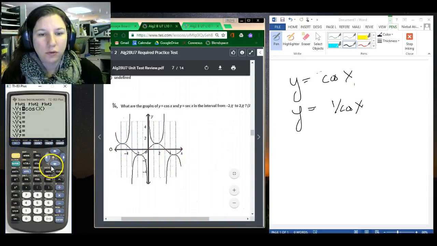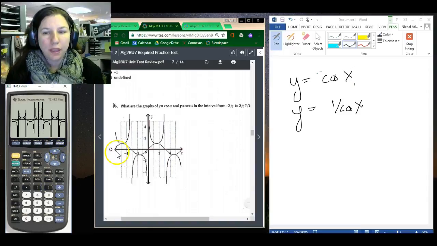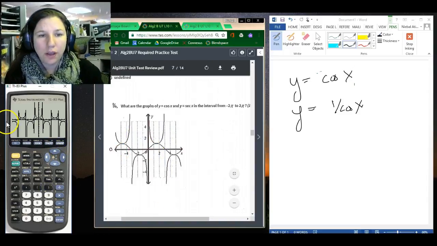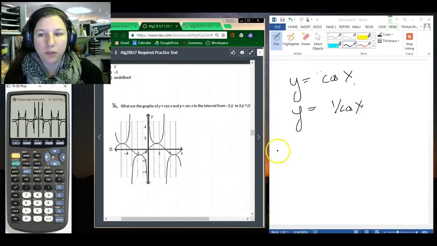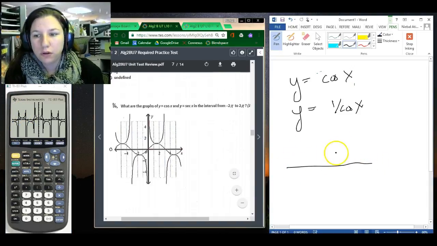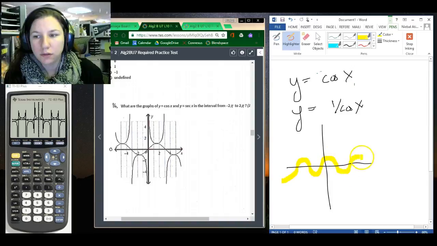And let's put them on the same graph, 1 over cosine x. Okay, so your calculator unfortunately does these weird lines in between the curves. So those vertical lines, you kind of want to ignore those. But we basically have a curve that looks like this.